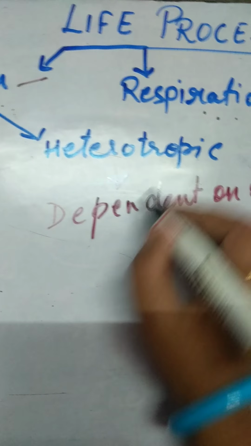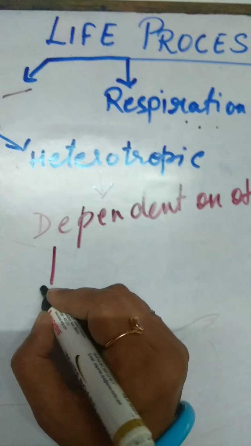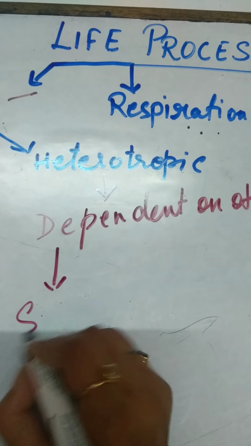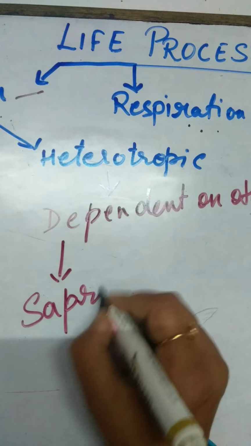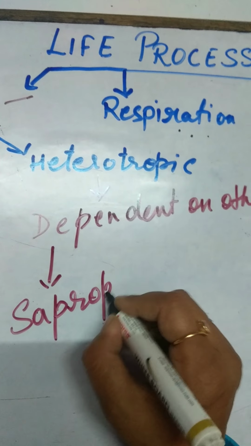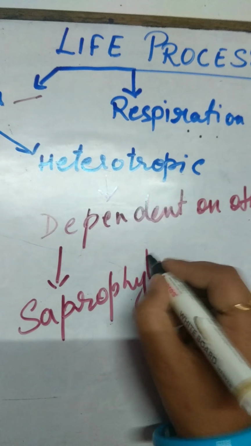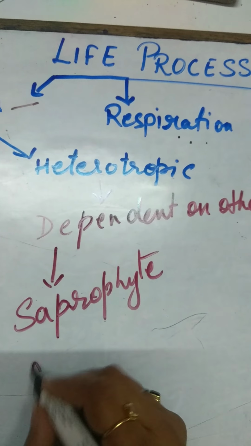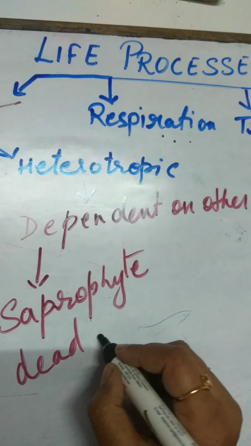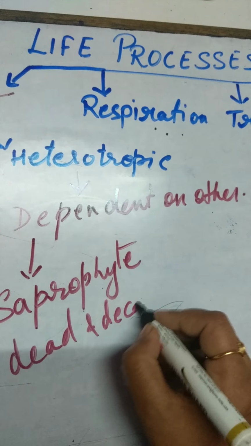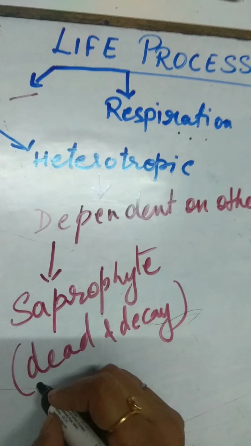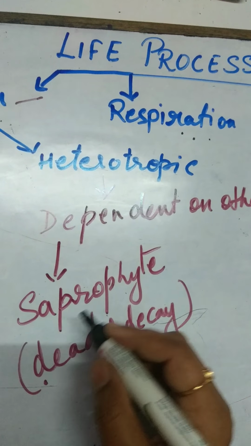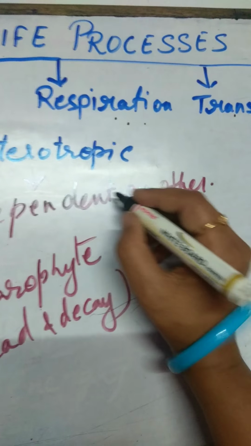So, now it can be saprophytes. What are saprophytes? Those which feed on dead and decayed matter, like fungi, bacteria, mushroom, etc.